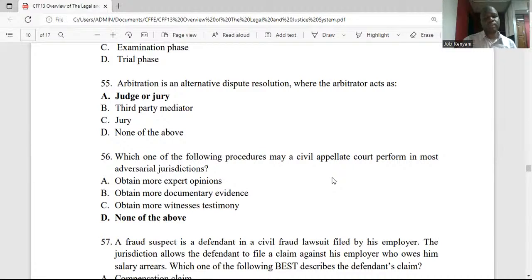Adversarial is where the parties are left at liberty to compete by themselves. So what could happen, for example, in case there's an appeal: obtain more expert opinions, more documentary evidence, more witness testimony. I think these are the ones we saw here.